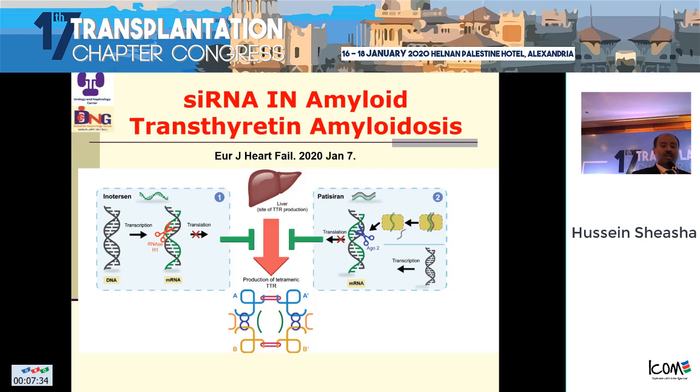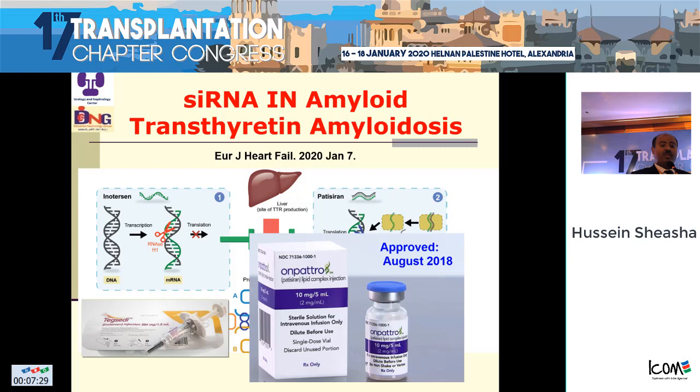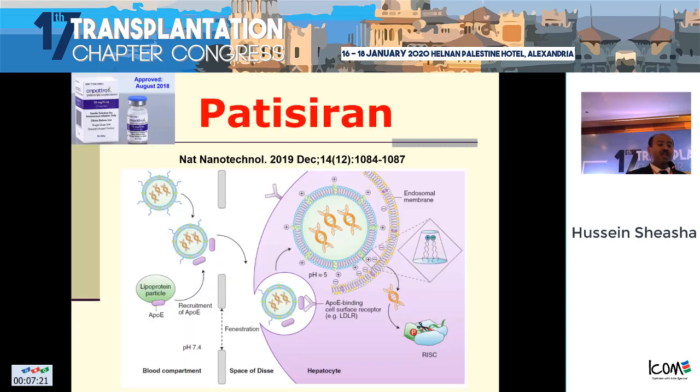And this is the cartoon of the two drugs, and this is the one approved, the drug Onpattro, which was approved in August 2018 by FDA. And this is the technology. This drug Onpattro is transfected through lipid bilayer.